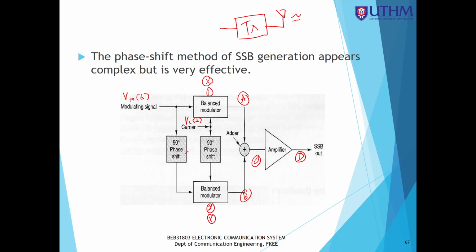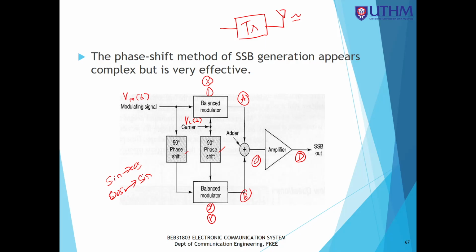If the equation is a sine wave, a 90-degree delay makes it cosine. Similarly for the cosine function, a 90-degree delay makes it sine. So sine becomes cos, and cos becomes sine after it goes through the 90-degree phase shifter.